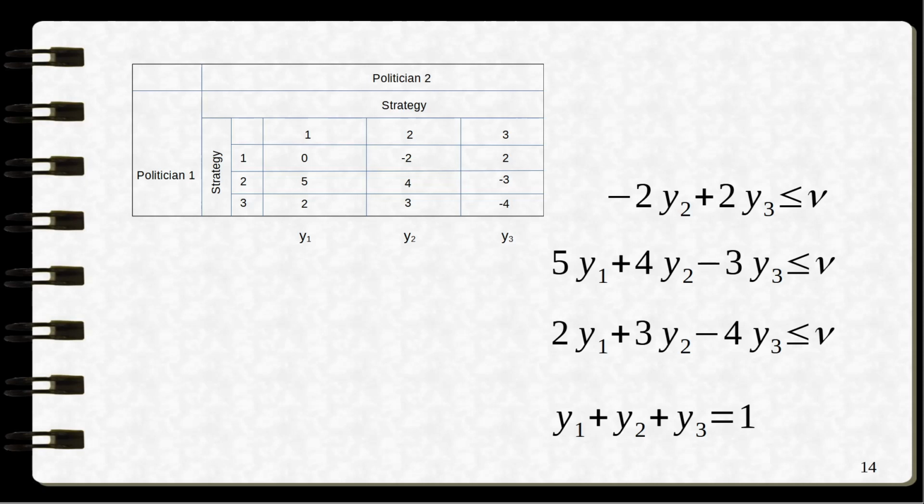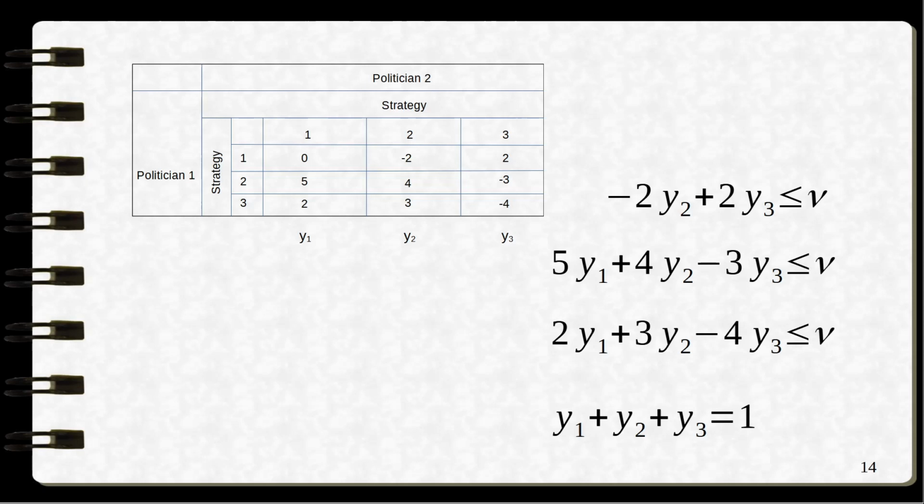So any calculation involving the left hand side of the equation should be less than or equal to nu. It cannot be greater than nu. You cannot arrive at a value which would be greater than the optimal minimum payoff, that is nu, in this table, which can be given to politician number 1.